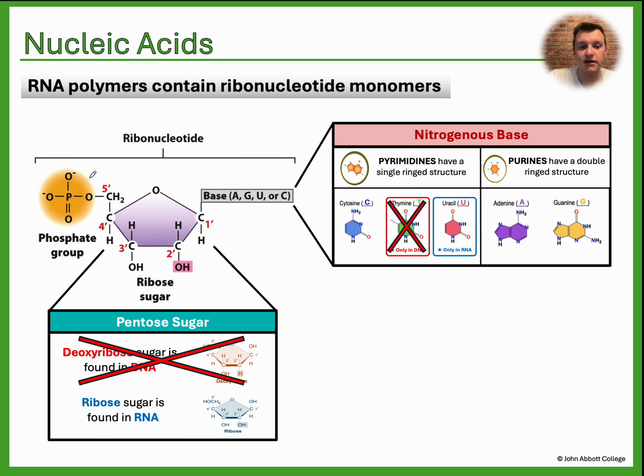We said that it still has a phosphate, still has a sugar, but the sugar is not deoxyribose. It is just ribose. So deoxyribose occurs because this little H had no oxygen, sorry, and this ribose does have an oxygen. So this is ribose, which has an OH here.